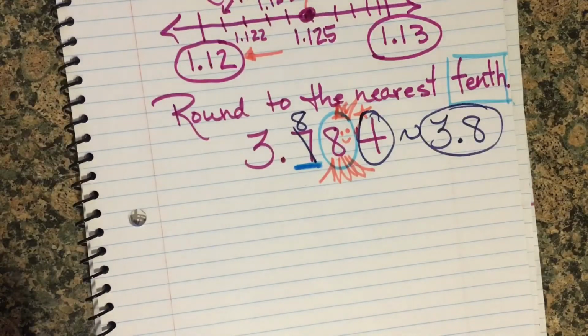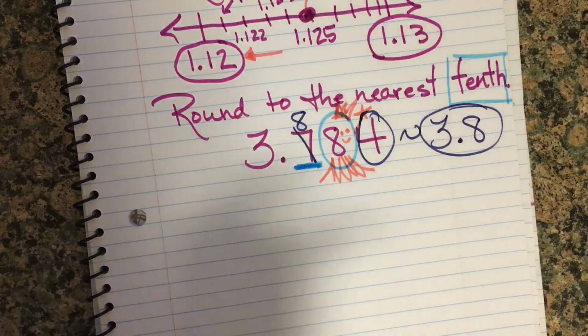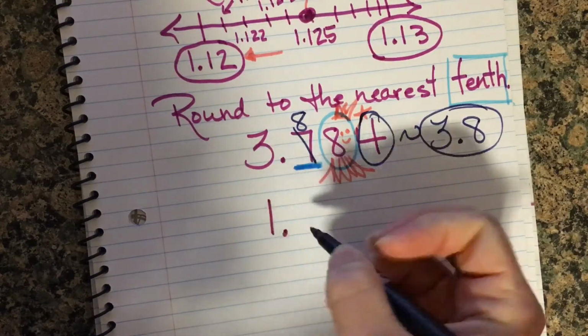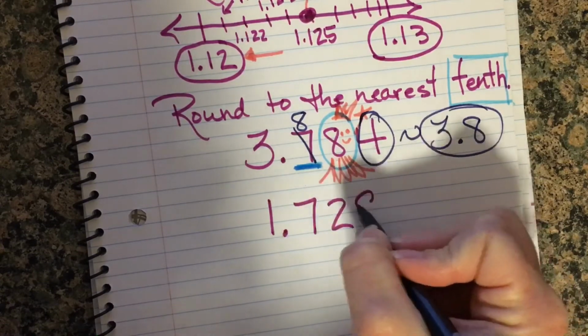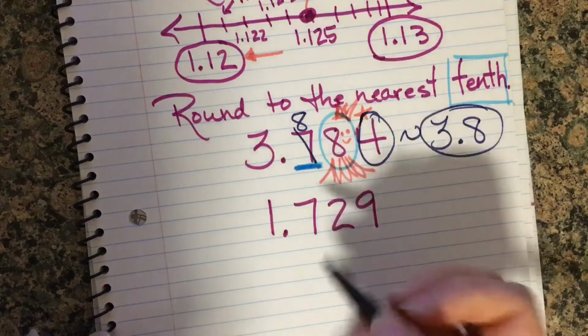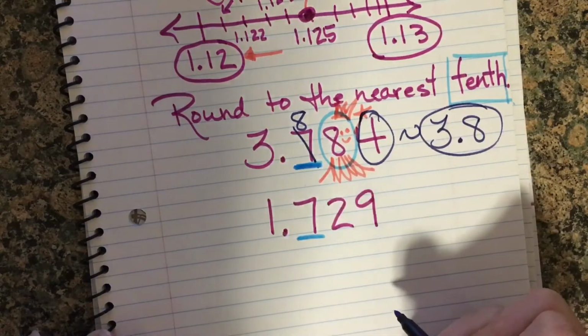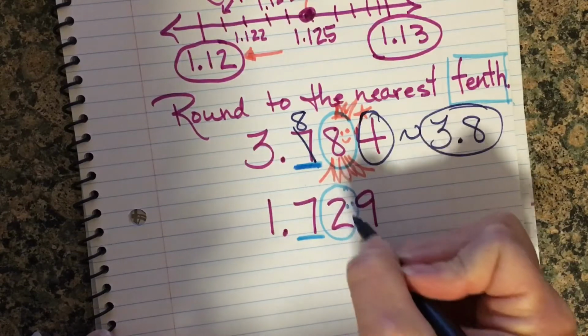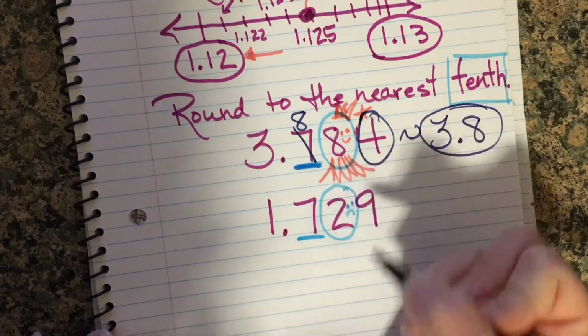Let me show you another one. So if I have this number and I'm rounding to the nearest tenths place, Cinderella is in the tenths place. I underline the 7. Circle Fairy Godmother. Fairy Godmother is a 2, so she's not having a good day.